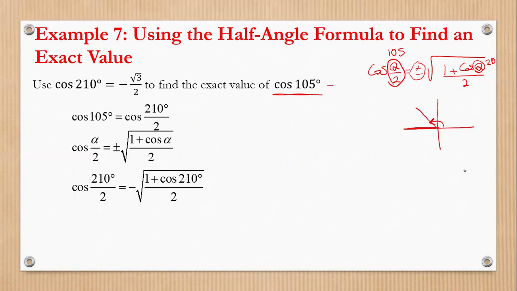That's why we only keep the negative, not the plus and minus. We just put the minus. And if I replace that number with negative root 3 over 2, we get the square root of 1 plus negative root 3 over 2, divided by 2.